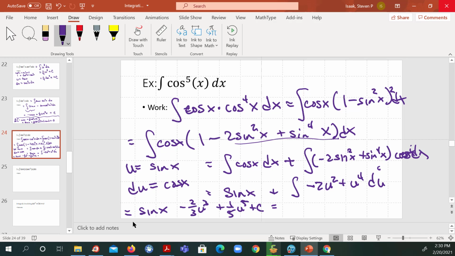But what was u? u was the sine of x. So this is the sine of x minus 2/3 the sine of x quantity cubed. Plus 1/5 the sine to the 5th of x. And finally, don't forget to add a constant.